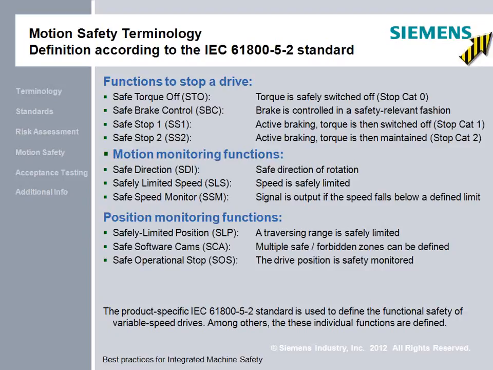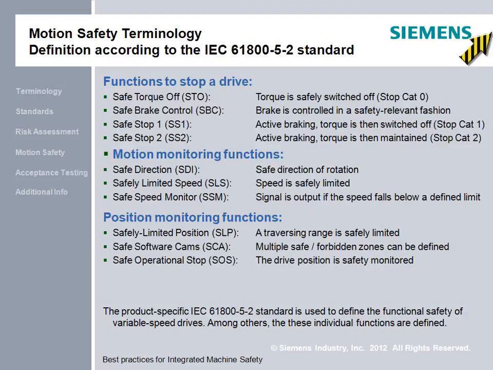We need to drop back just a moment and think about stop categories. In this case, I'm going to refer to NFPA 79, the machine tool standard here in the USA. And the machine tool standard defined several types of stops. A stop category 0, a stop category 1, and a stop category 2 are the ones that I want to talk about briefly.